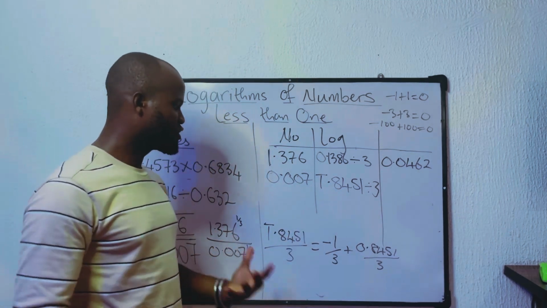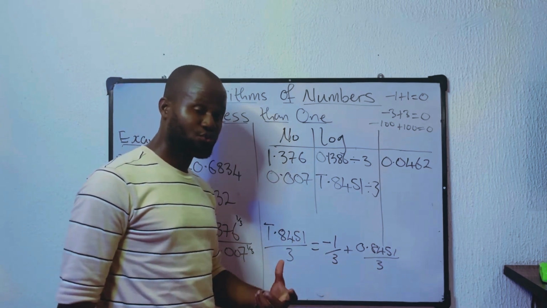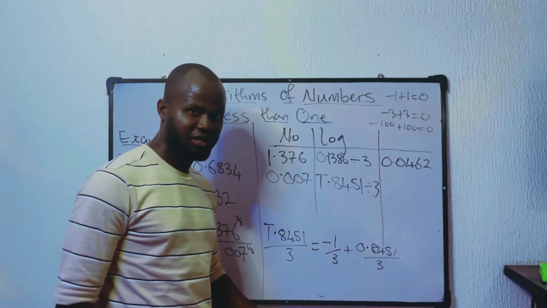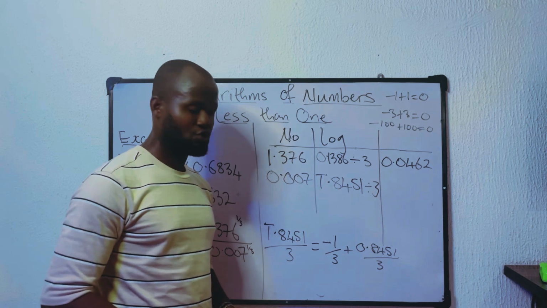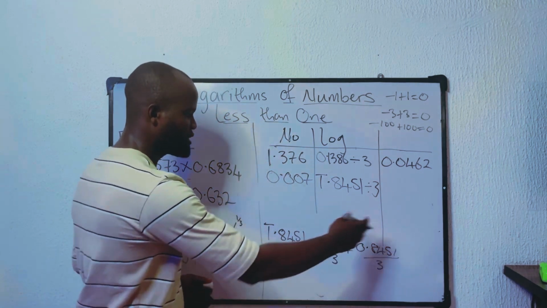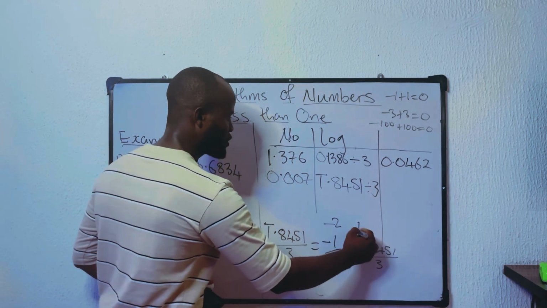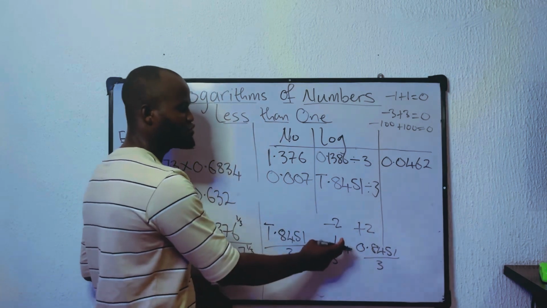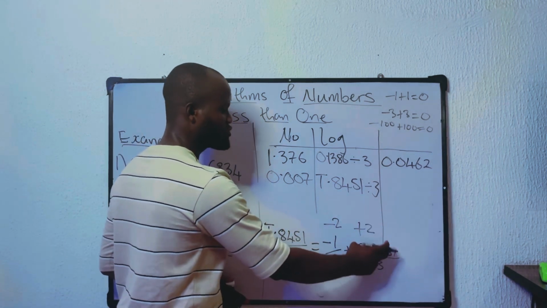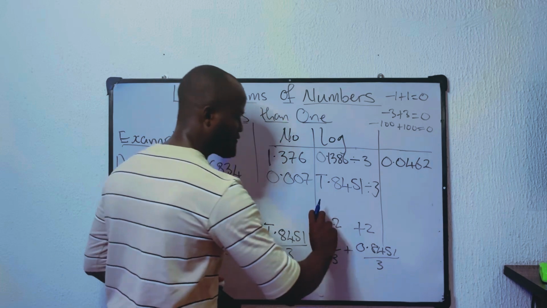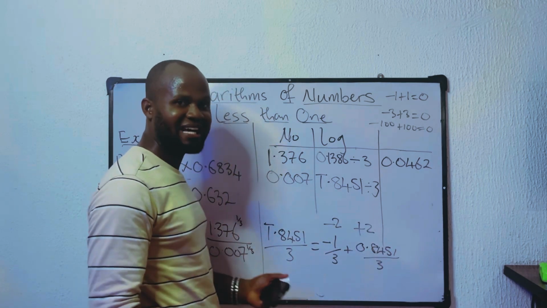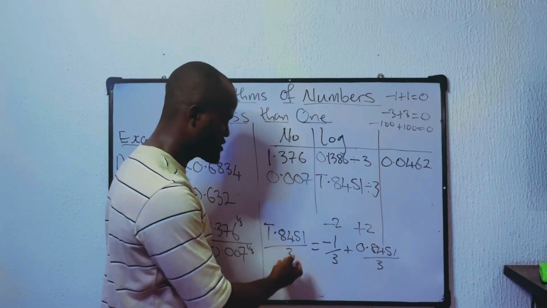Okay, so which number will I introduce to -1 that will make it become -3? That number is -2. So that means I am going to bring in minus 2 plus 2. So minus 2 will be introduced to this one, plus 2 will be introduced to this one. And when you have performed this operation, you would have actually been adding just 0. So it doesn't change the value.